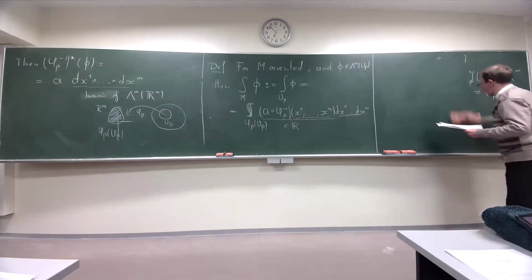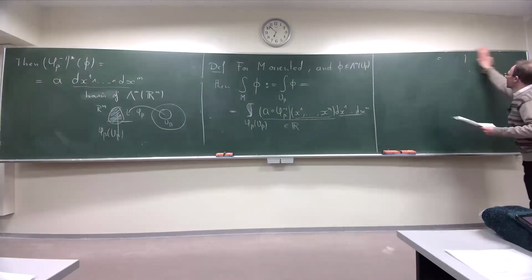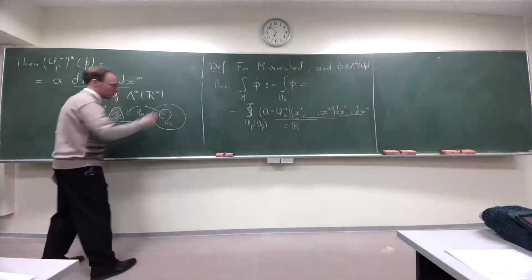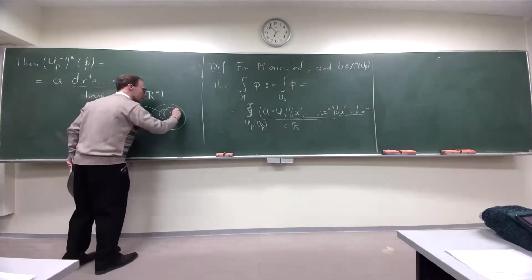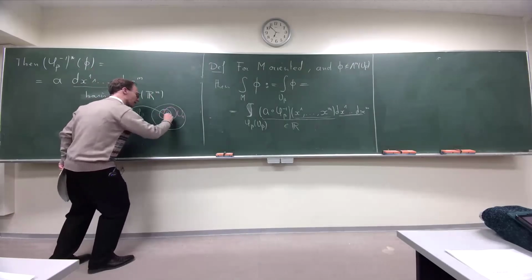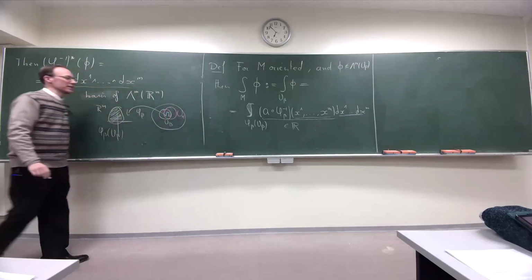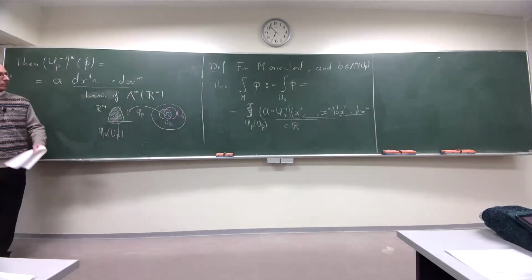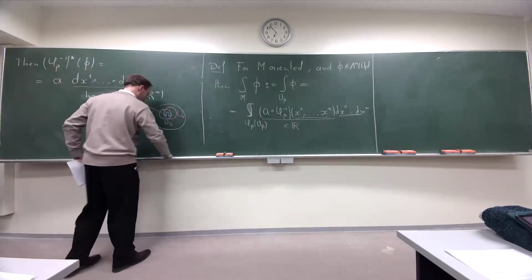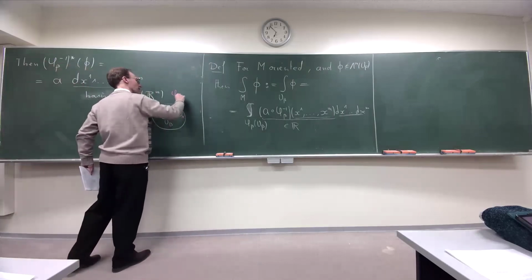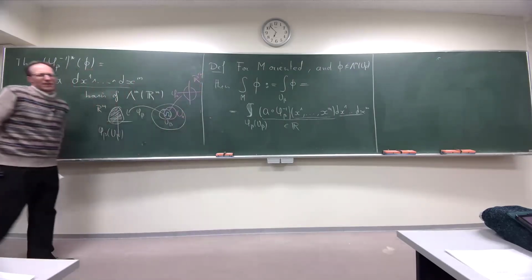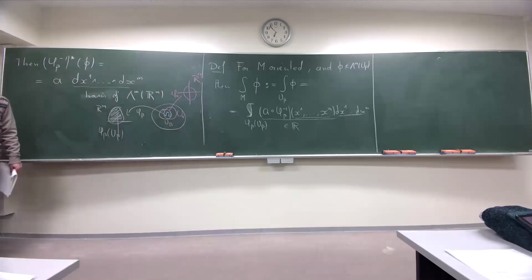Of course, we would like to have some properties for this definition. For example, if there is another U alpha here, and if the function phi, which I again represent like this, is in the intersection, it means I could have chosen this chart, or I could have chosen another one with a phi alpha on another part of Rn. And of course, I would be unhappy if I don't get the same answer.